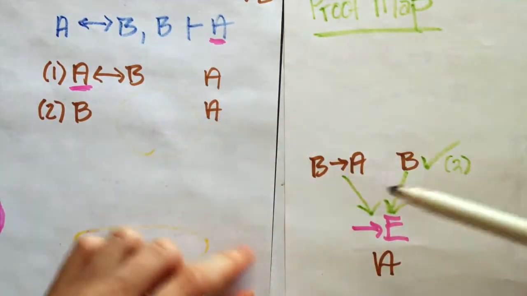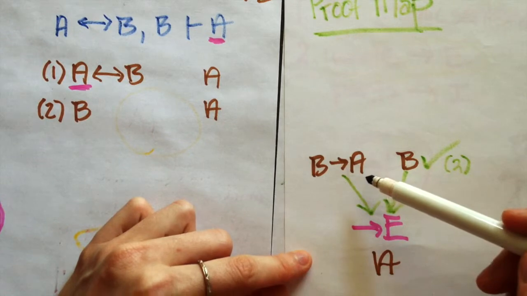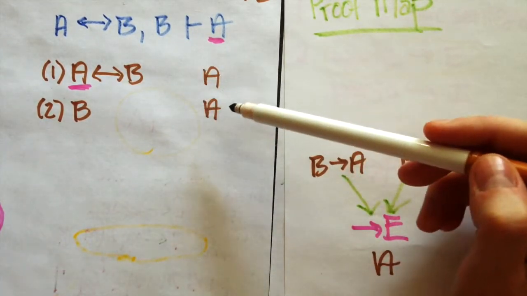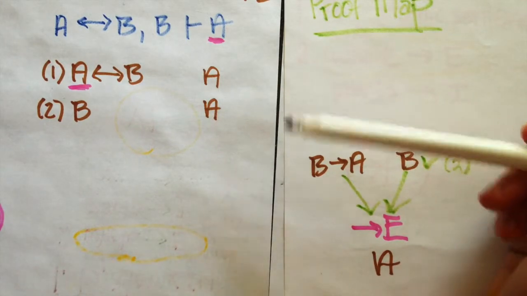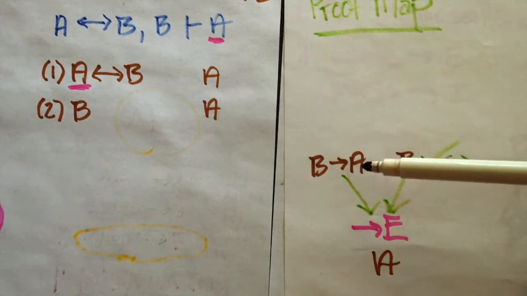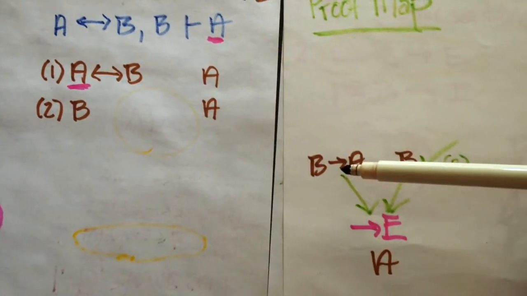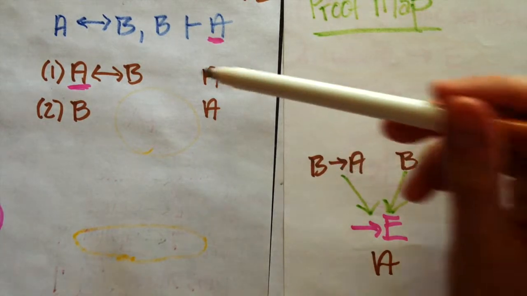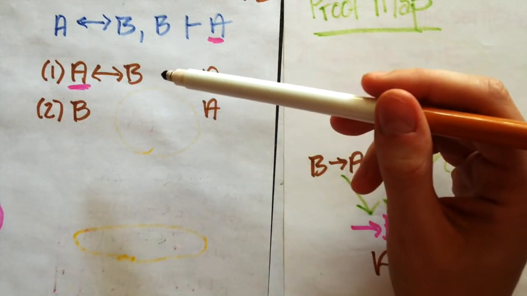Now, what about this over here, B arrow A? Do we have that on a line by itself already? No, we don't. Okay, well, do we see it embedded anywhere in our premises? Yes, we do. This is one of the conditionals that is embedded in our first premise, right?